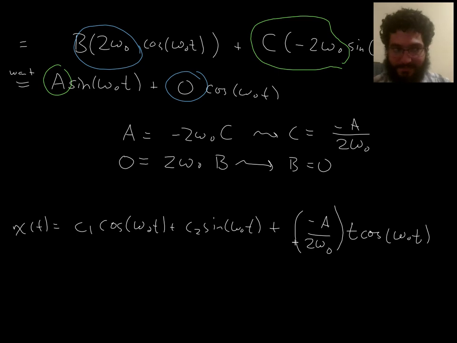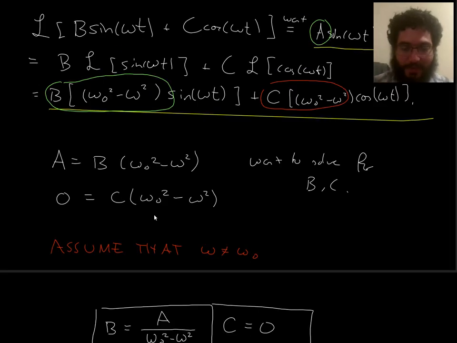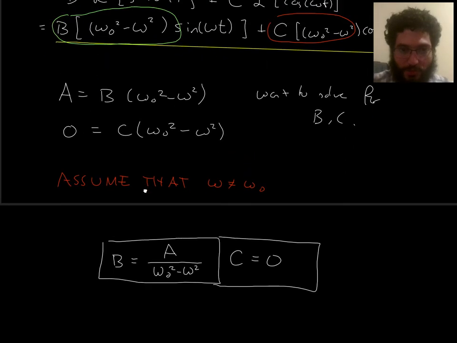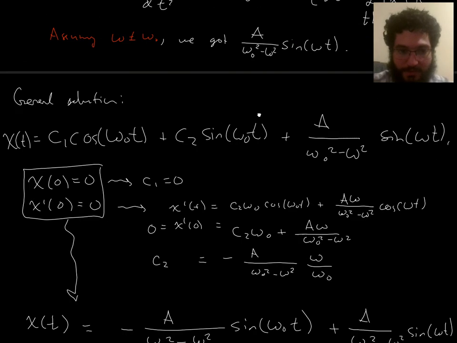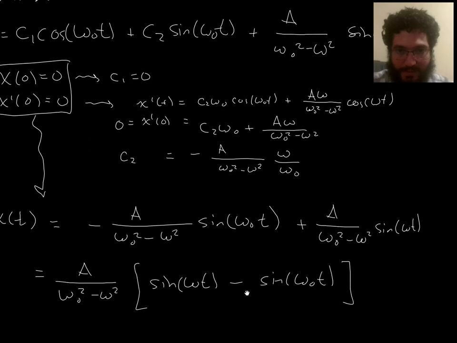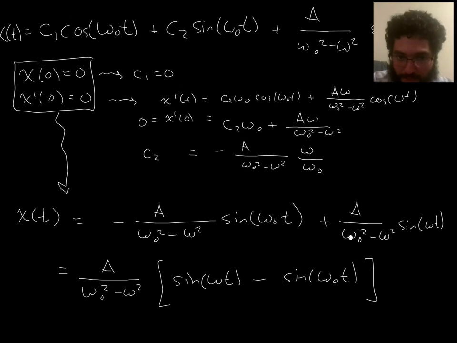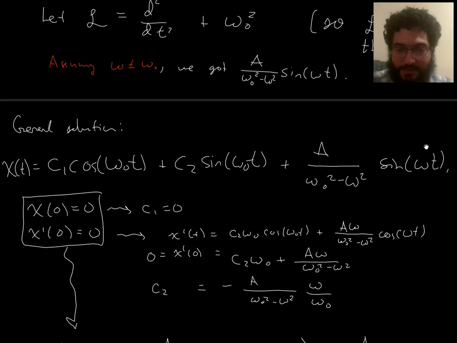So compare what we got here for our particular solution: there's a cosine, and then there's a over 2 omega naught. And that's apparently what the system is trying to do when, where did it go? There it is.